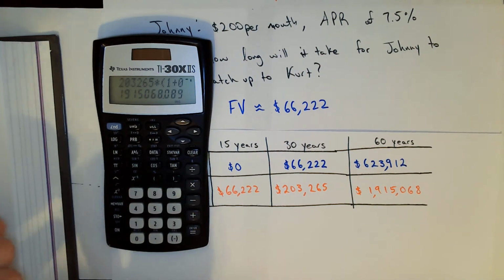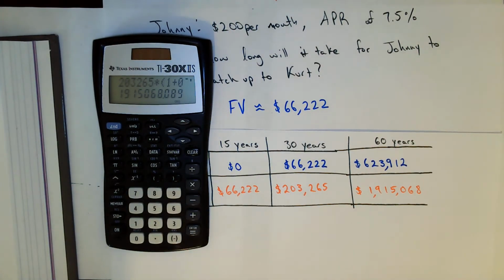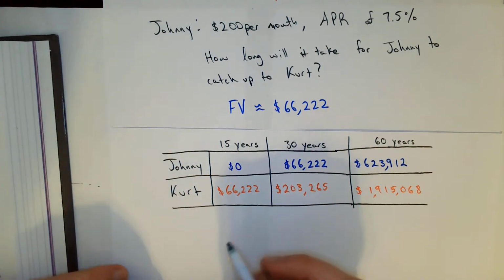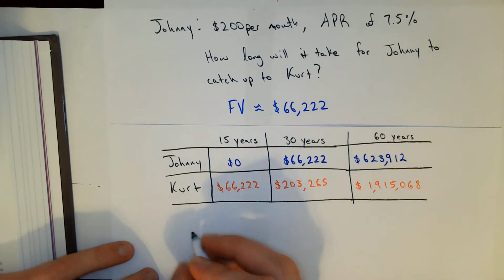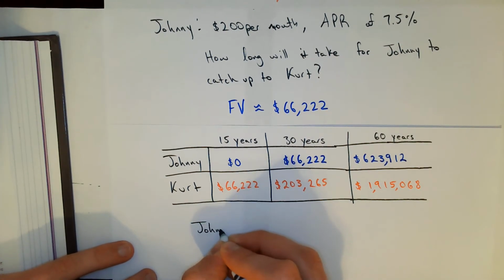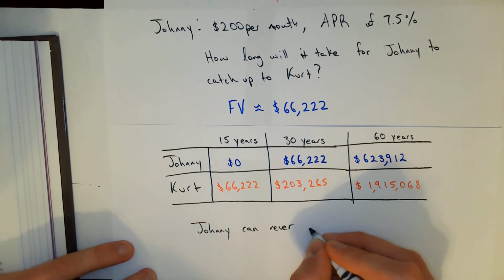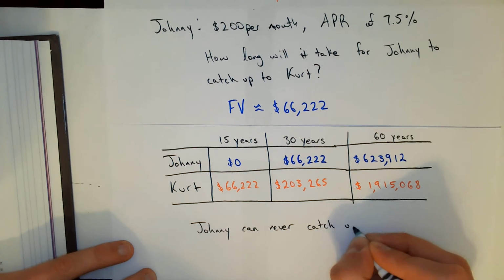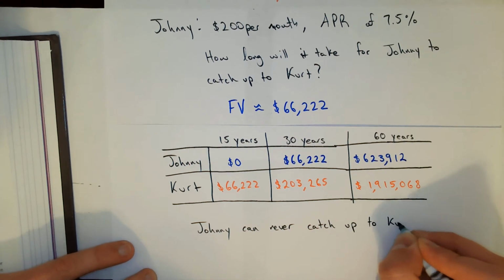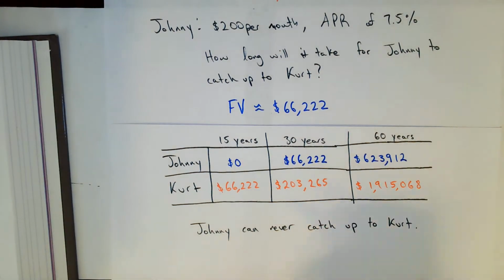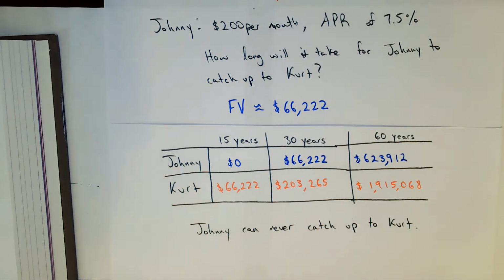So I'm going to go ahead and give it away and say that what ends up happening is Johnny can never catch up to Kurt. Kurt just invested too early.